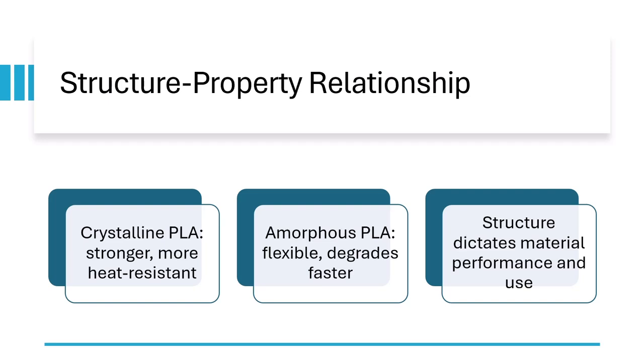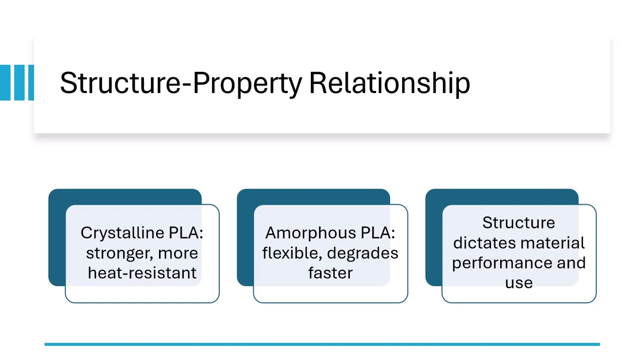The way these polymer chains organize themselves determines how the material behaves. So in crystalline regions, the chains are tightly packed, making the material stronger and more heat resistant, but slower to degrade. On the other hand, in amorphous regions, the chains are disordered, making the material more flexible and faster to break down.